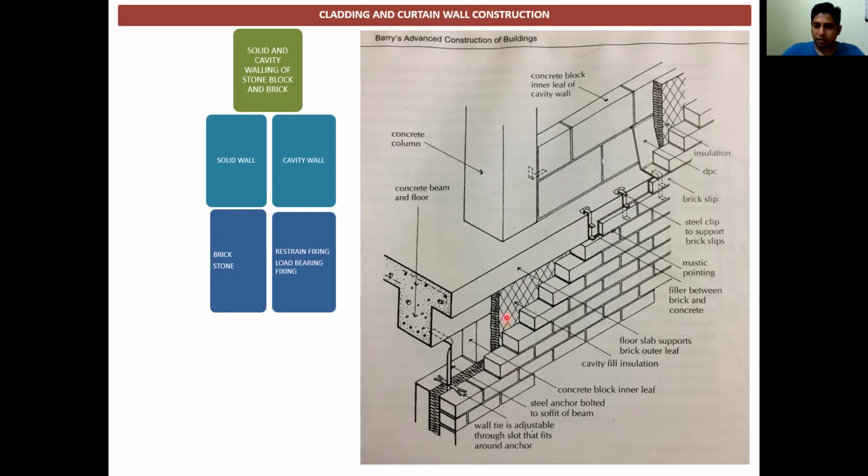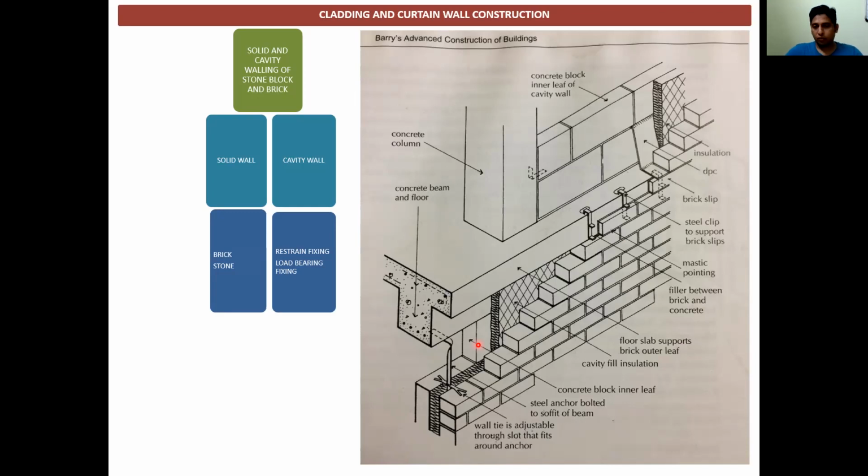Some cavity insulation material is filled in between the internal wall, which may be of very regular masonry, and maybe of concrete blocks, which is very common practice nowadays in apartment schemes and multi-story structures, which is not having that beautiful aesthetic value, and is not that excellent in terms of heat resistance.